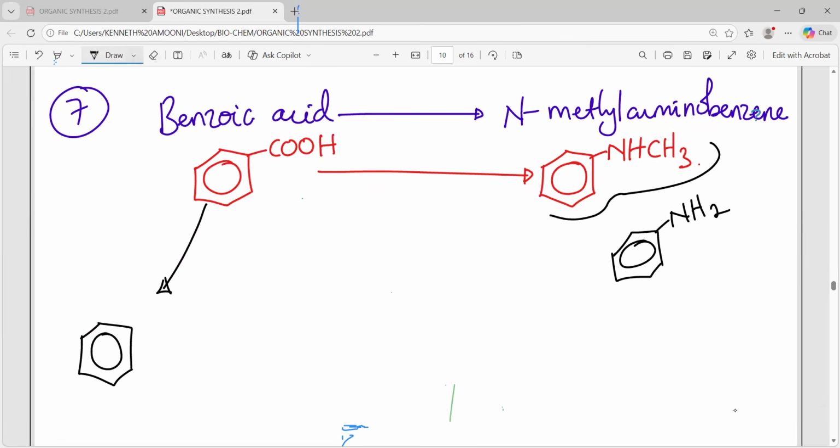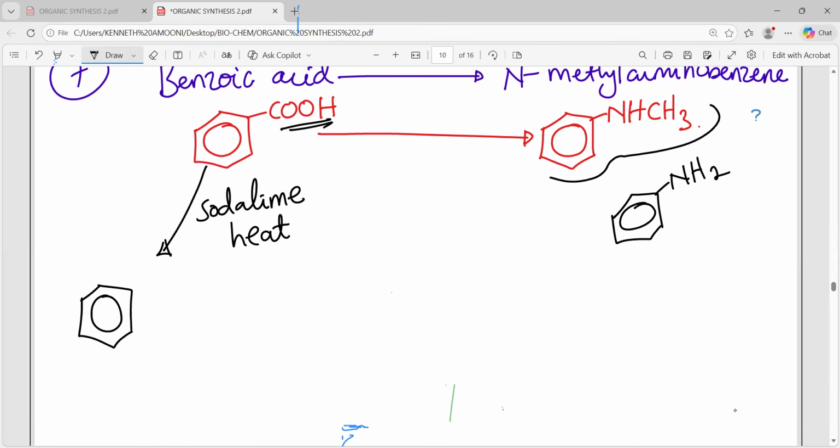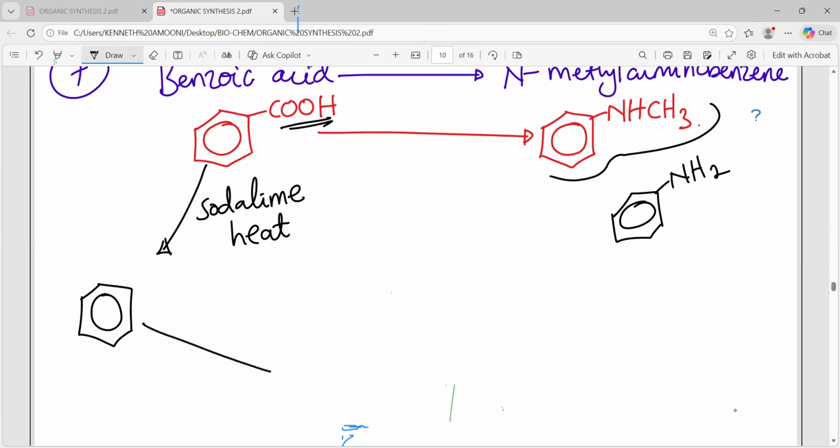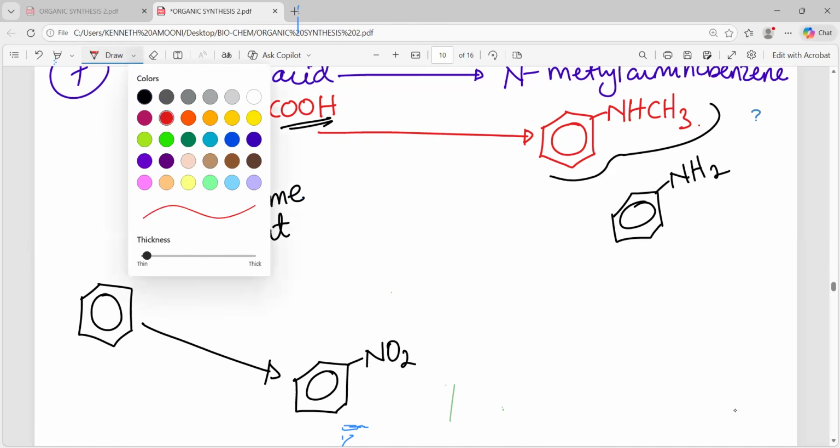We can do away with that by using soda lime, and then we heat. Then after doing this, we can form nitrobenzene.